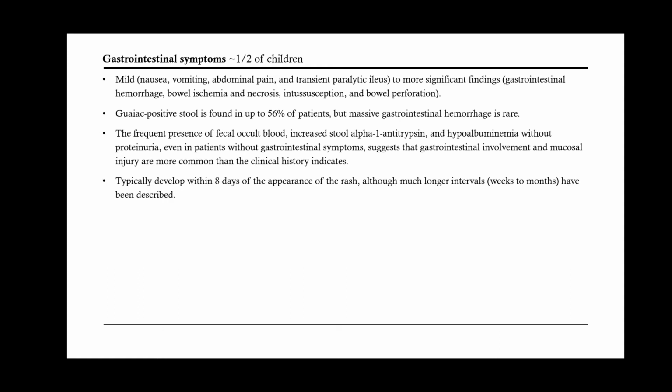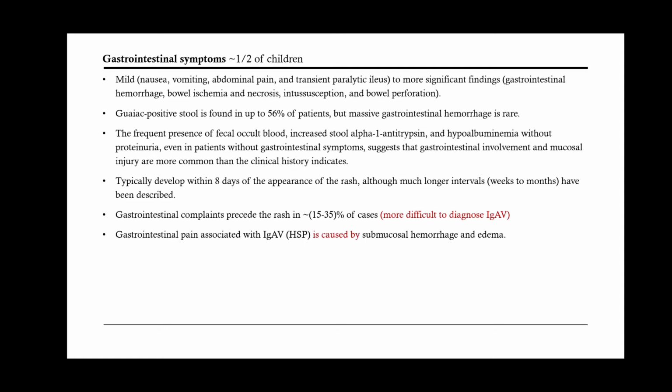It typically develops within 8 days of the appearance of the rash, although much longer intervals, weeks to months, have been described. Gastrointestinal complaints precede the rash in approximately 15 to 35% of cases, which makes it more difficult to diagnose IgA vasculitis when gastrointestinal complaints are the presenting symptom.